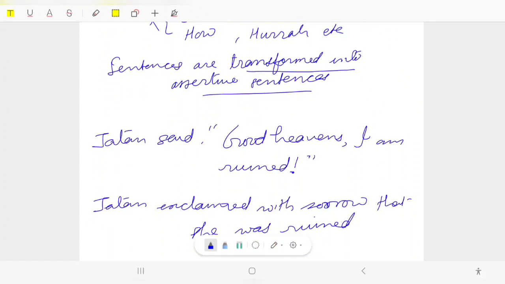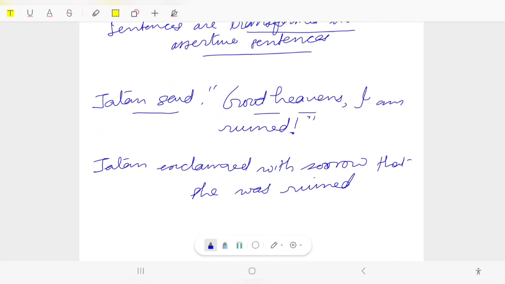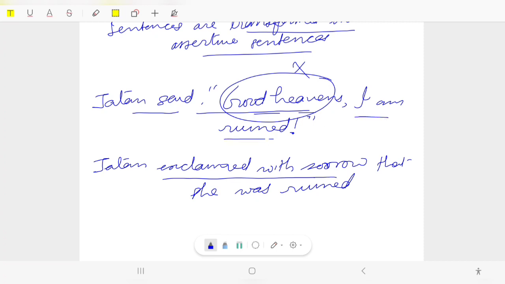How do we change this? Jatan said, "Good heavens, I'm ruined." So "good heavens" is sorrow. Jatan exclaimed with sorrow. Now these words are removed and we have to change this into an assertive sentence. What's left? "I am ruined."